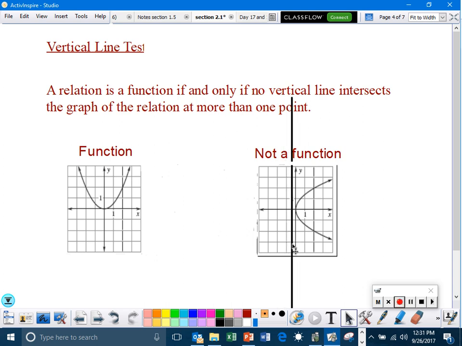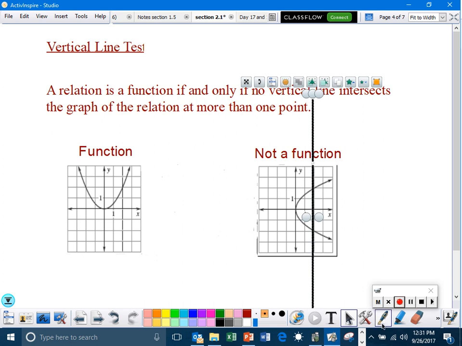We go over here and we can see when I do the vertical line, it's touching in two spots. Okay, it's touching right here and it's touching right here. That tells me it is not a function. That's telling me that there is an input with two outputs. Okay, so that's the vertical line test.